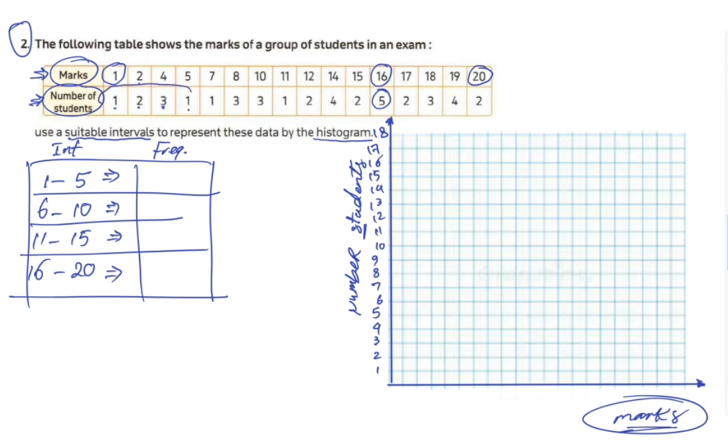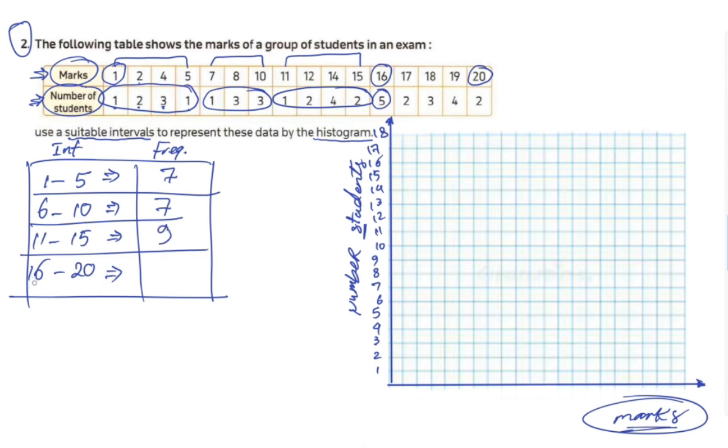Now add all of these numbers, because I have the interval from 1 to 5. 1 plus 2 equals 3, 3 plus 3 equals 6, 6 plus 1 equals 7. Next interval from 6 to 10. I don't have 6 here, but I have 7 to 10. So the number of students, 4 plus 3 equals 7. From 11 to 15, I need to add these numbers. 1 plus 2 equals 3, plus 4 equals 7, plus 2 equals 9.